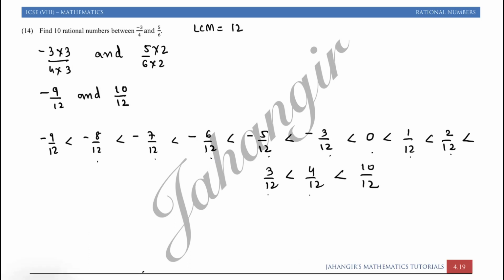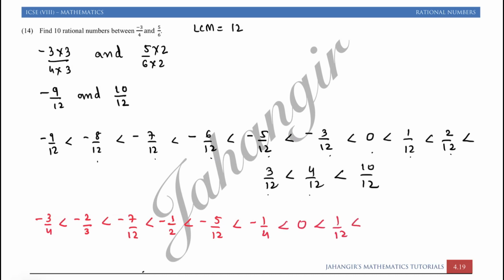Let us write in simplest form. -9/12 can be written as -3/4, -8/12 can be written as -4 2s are, 3s are, -7/12 you cannot simplify, -6/12 can be written as -1/2, -5/12 as it is, -1/4, 0, 1/12, 1/6, 3/12 we can write as 1/4, 1/3 and then 5/6.